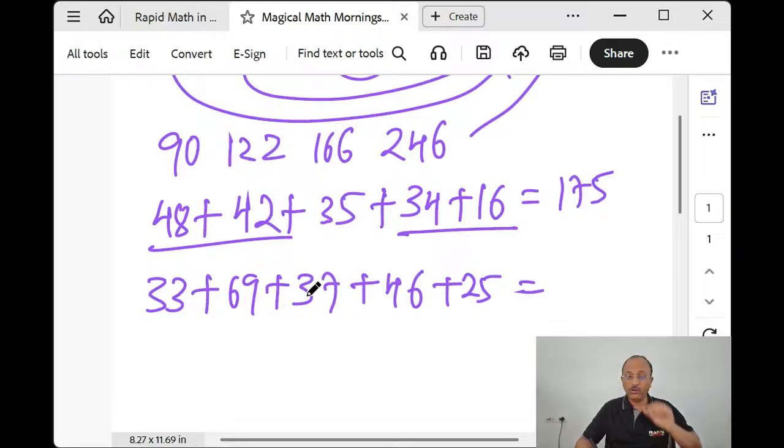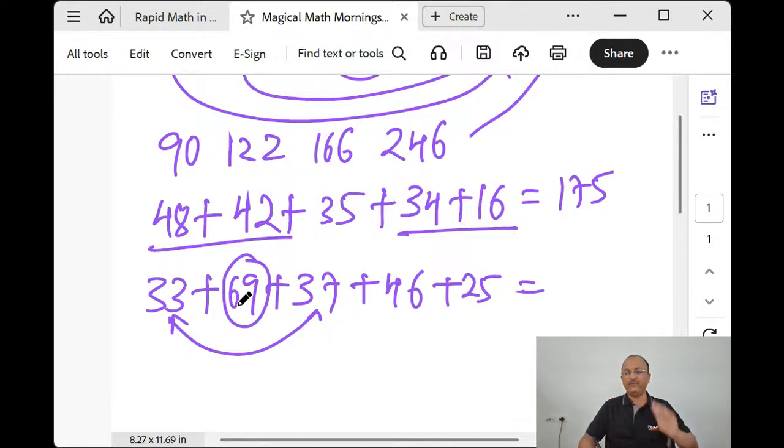See, you should always combine the methods whatever we have taught earlier. Everything you need not do with this method. This is easier to add them. Yes. What I do in this case, let's see, I'll add these two to make them as the close friends couple. 33 plus 37 will make 70. But while adding 69, I am not going to use this method.